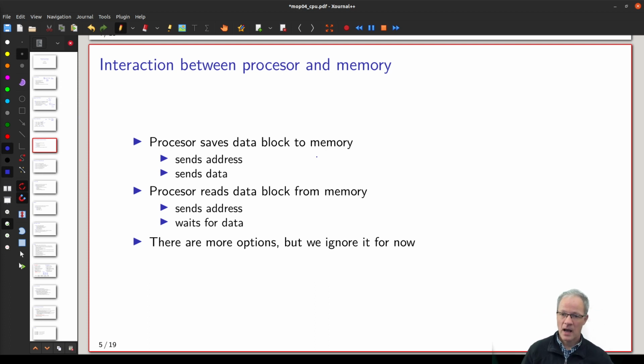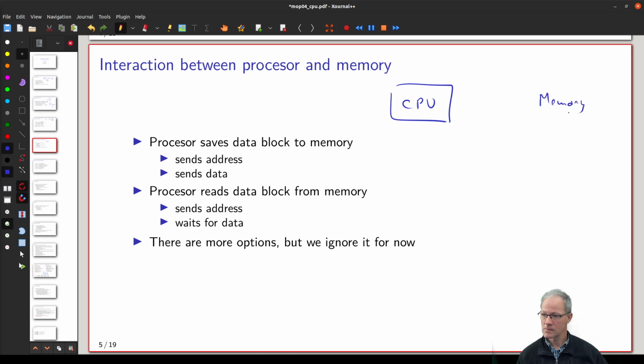Let's talk a little bit about how the processor and memory talk to each other. What's their relationship? The processor, CPU, and the memory are the two main components of a computer, I would say. In order to access some data, the processor needs to send the address first to the memory, to tell it, hey, I want data from that address.